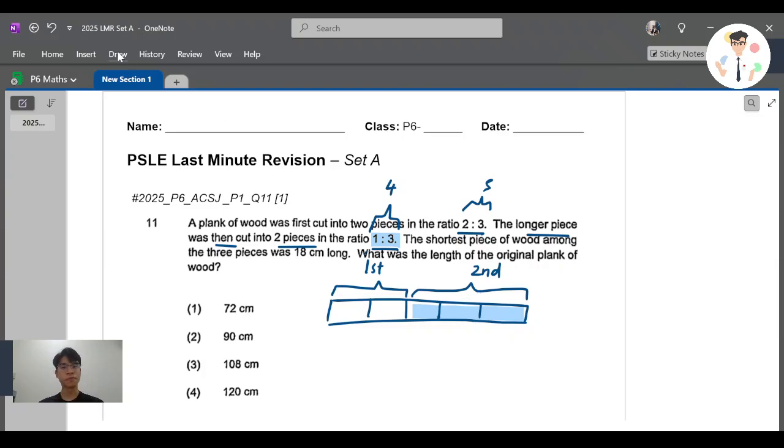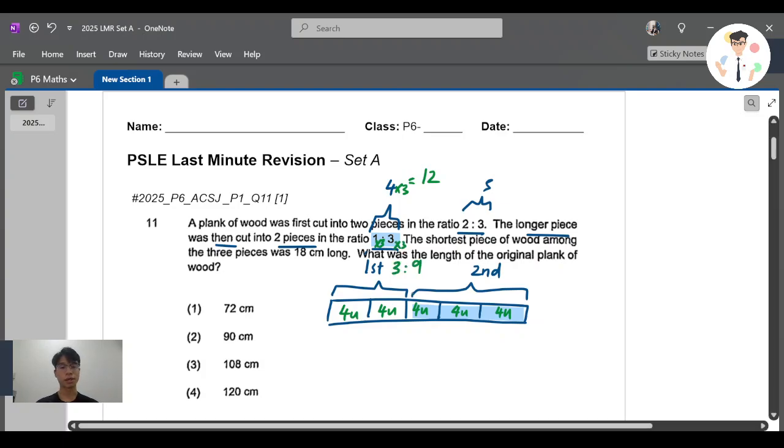In order to cut this, we must make it equal. So 4 and 3, we make them the same by looking for the LCM, which is 4 times 3, 12, and the 3 units I need to cut into 4 units each. So 4 units, 4 units, 4 units, 4 units, and 4 units. And if I multiply by 3 here, I need to multiply by 3 here as well, and I know the ratio is actually 3 to 9.